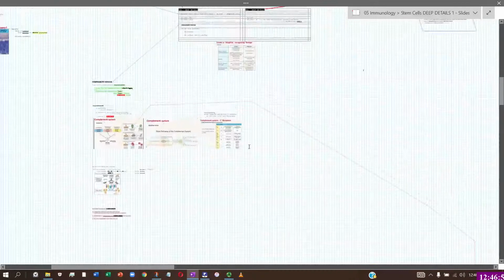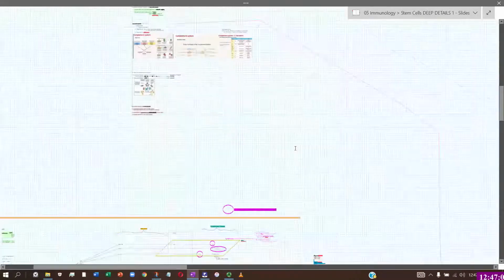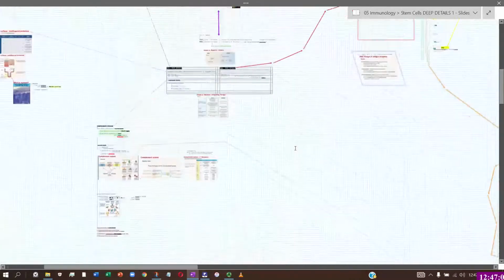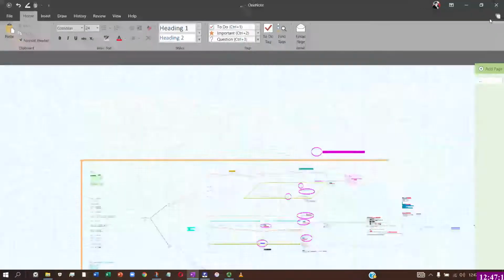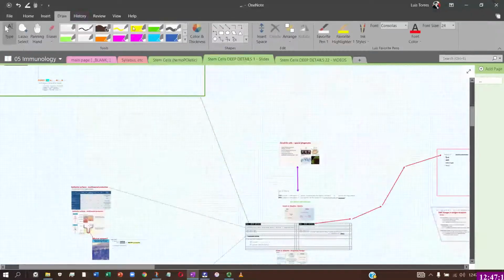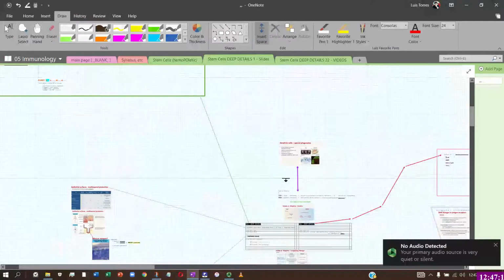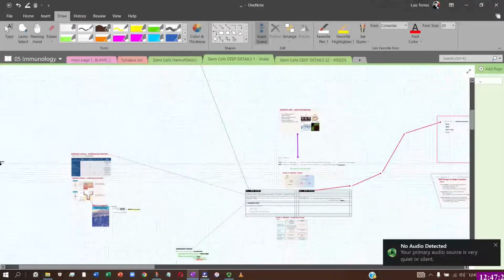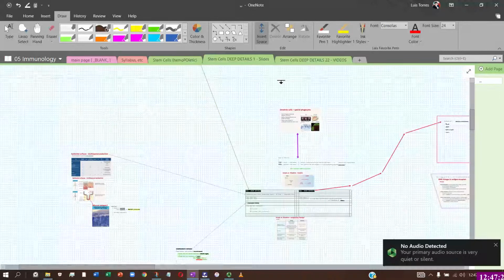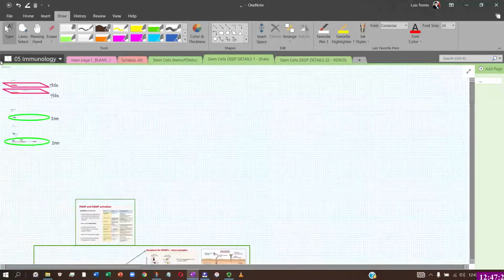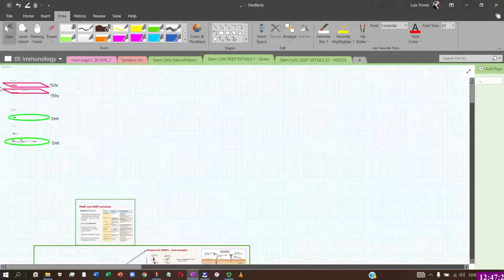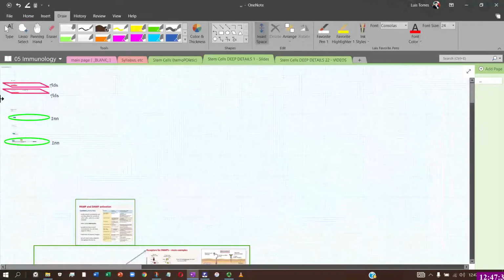Let's see. Phagocytosis. You know what? This is going to have to get changed and moved around just to fit better, but we'll do that later. For now, no, now's a good time. Insert space over here.